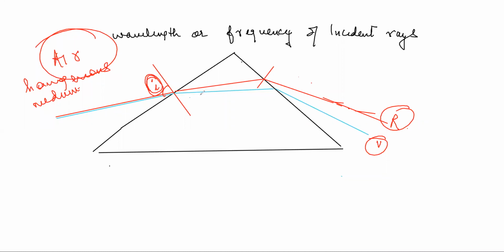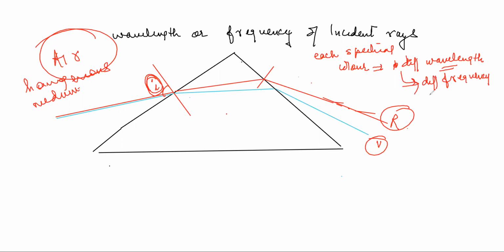But as soon as they enter the prism, now each spectral color has a different wavelength. Different wavelength means different frequency.